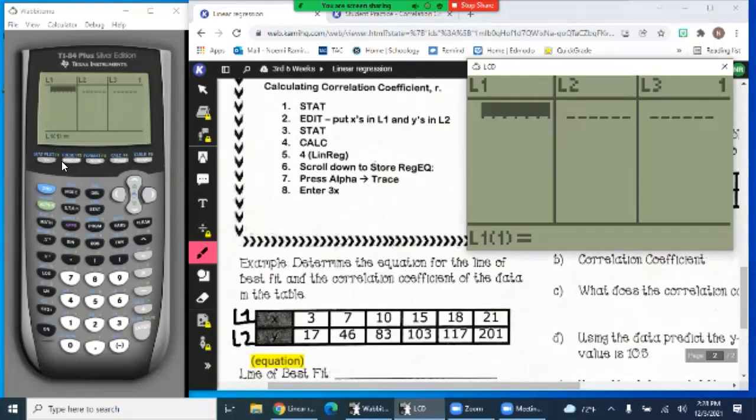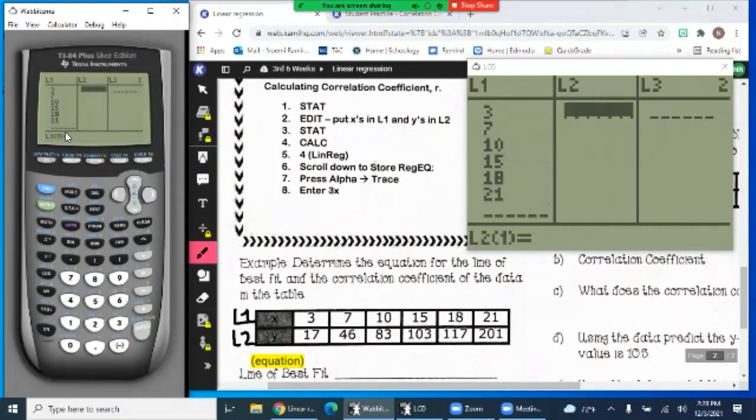So let's go ahead and type in these numbers, 3, 7, 2, 18, 17, 6, 3, 7.